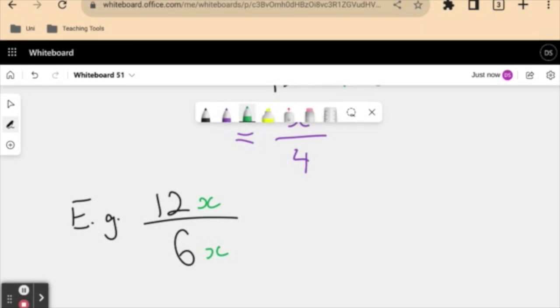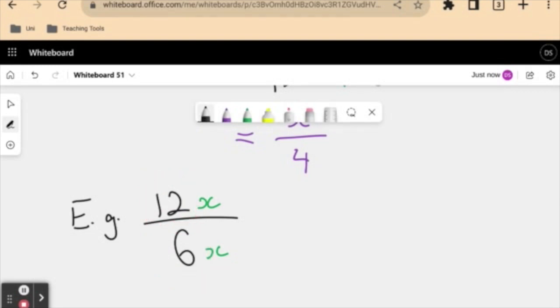What are our common factors here? Well, let's start with the ones we can kick off right off the bat. In terms of our regular known numbers, we have a 6 here and we have a 12. Now, 6 goes into 12 two times. So we have a common factor here of 6.